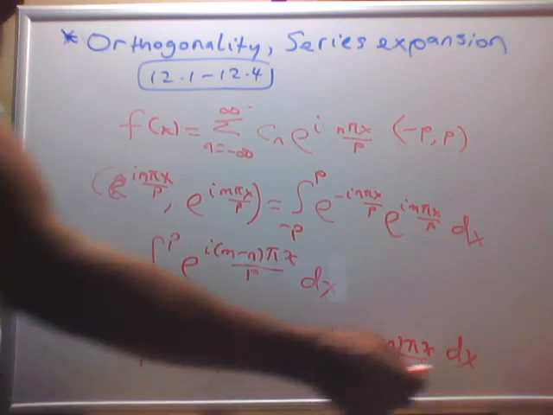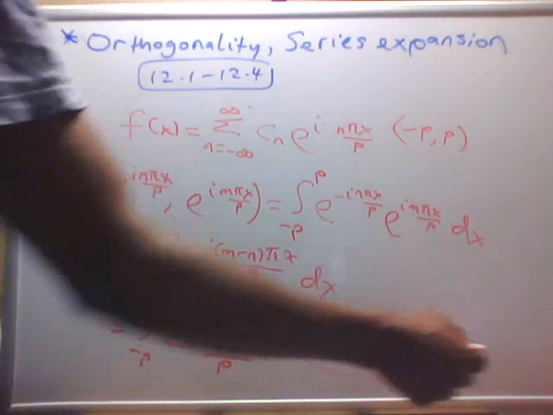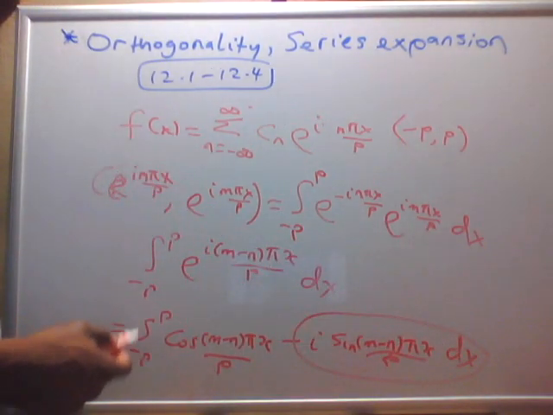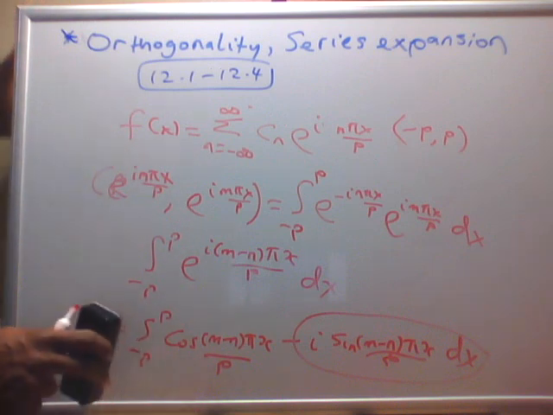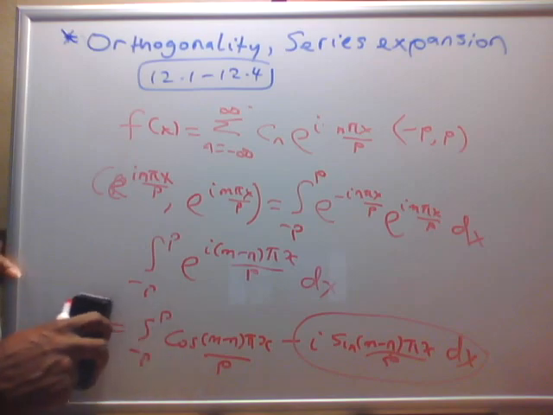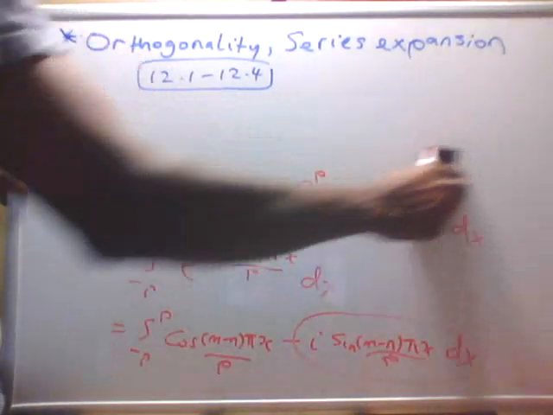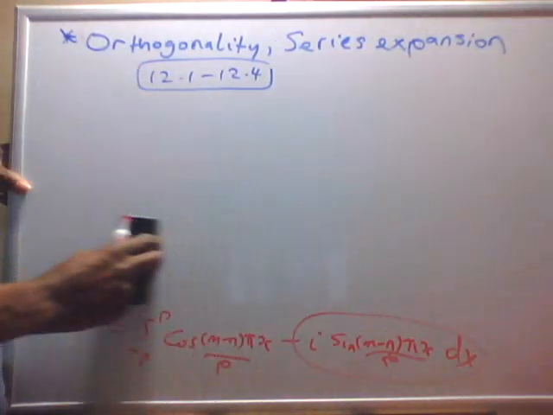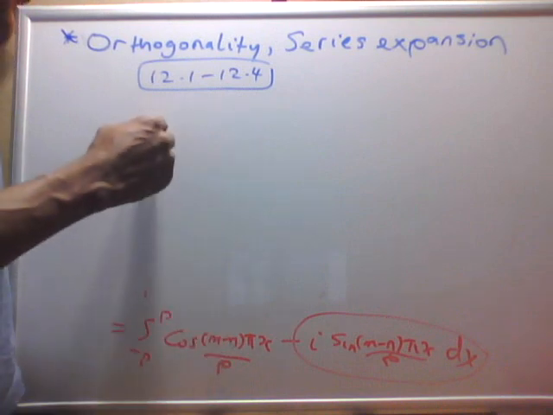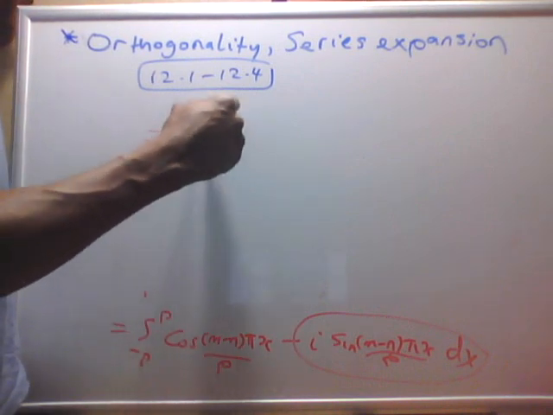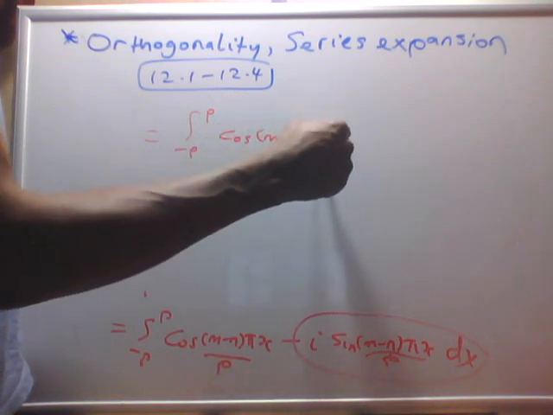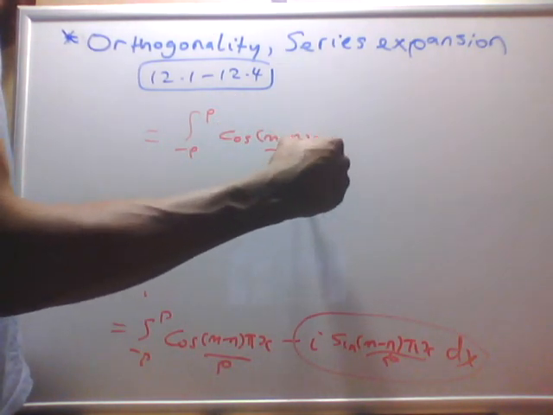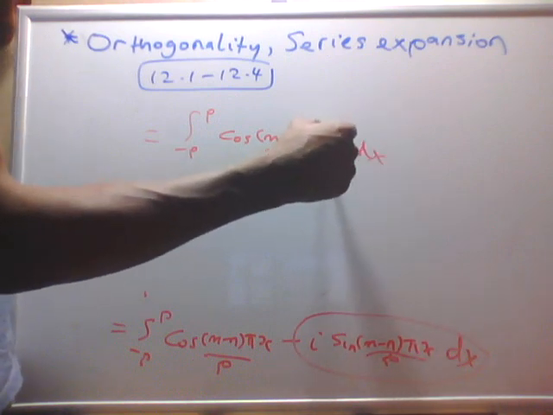Okay, so this is an odd function. I'll get 0 considering the symmetric interval, the limits I have here. So I'm really just calculating this right here, dx.